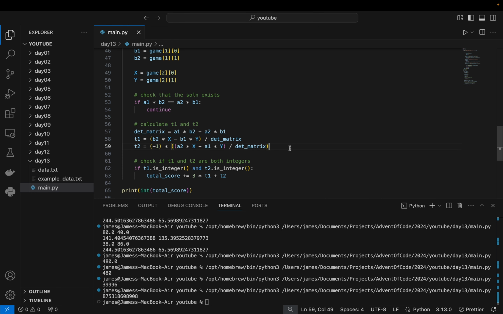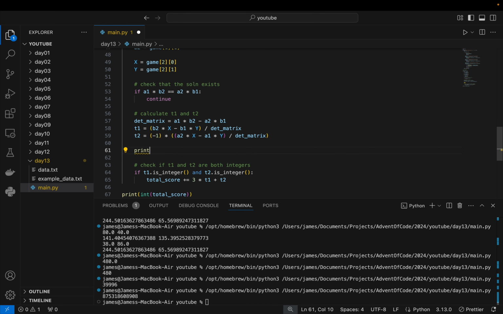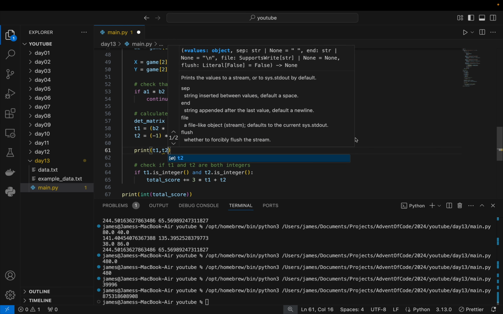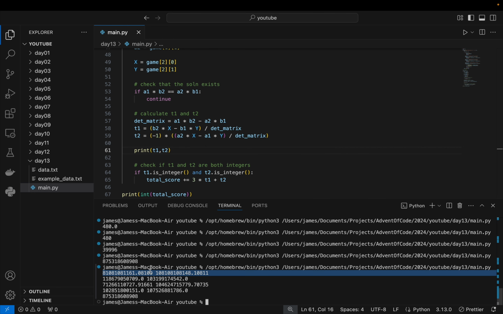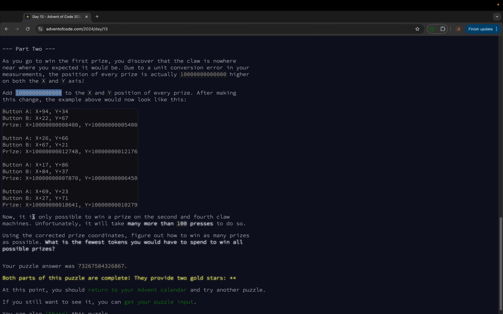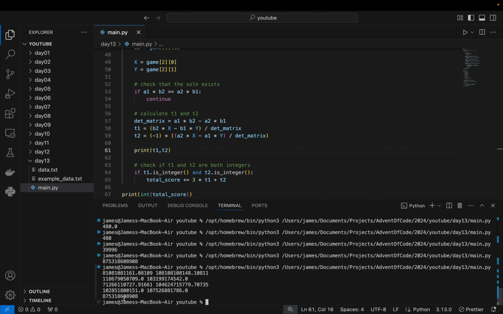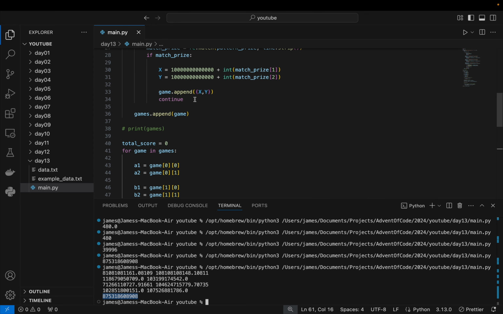And so what I'm going to do is I'm going to print, just to show you T1 and T2. The first one no longer has integer solutions, and neither does this one, but the second one and the fourth one do. And that's what it says here. It's now only possible to win with the second and fourth. And so this would be the answer to the example.